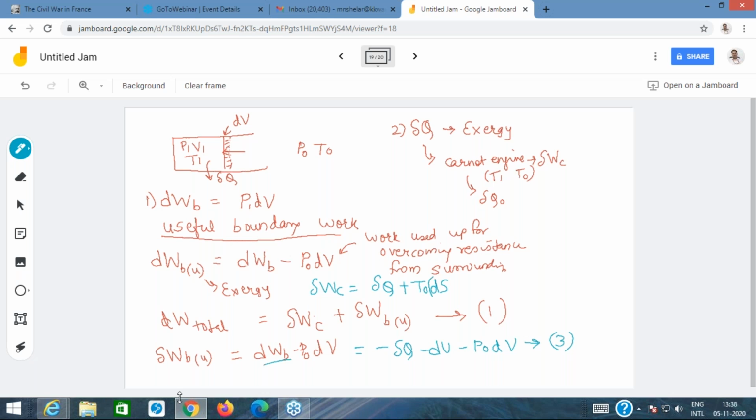Mind well that this ds is not of the engine, but this ds is of the closed system we are talking about. So this was your expression 2.